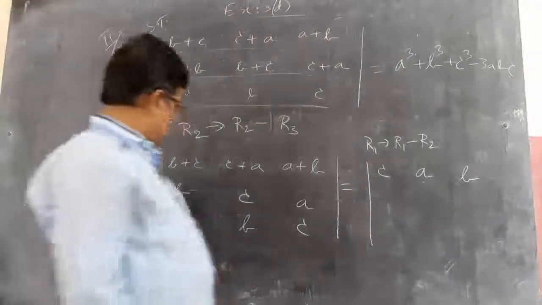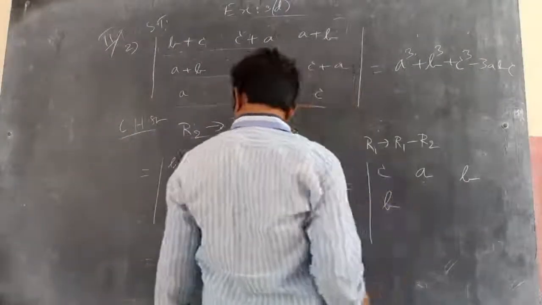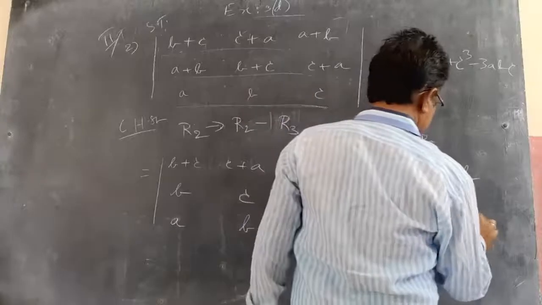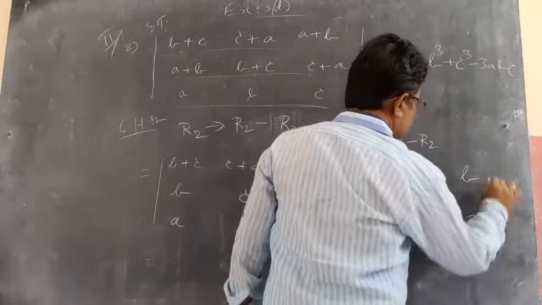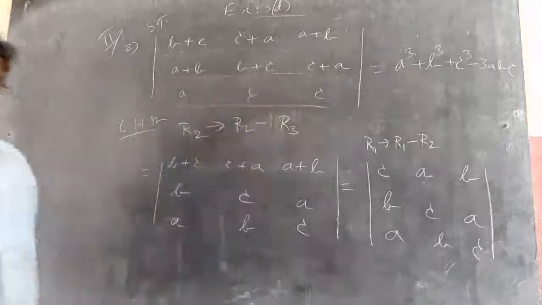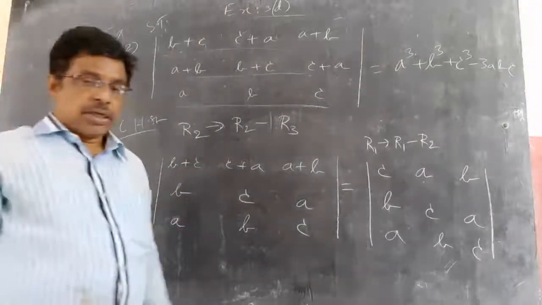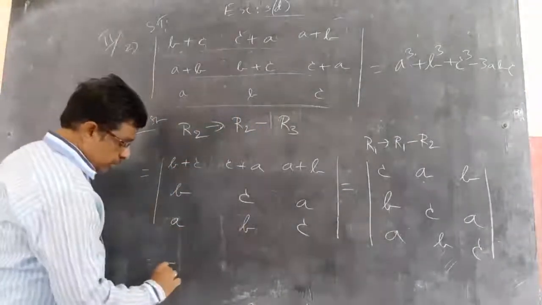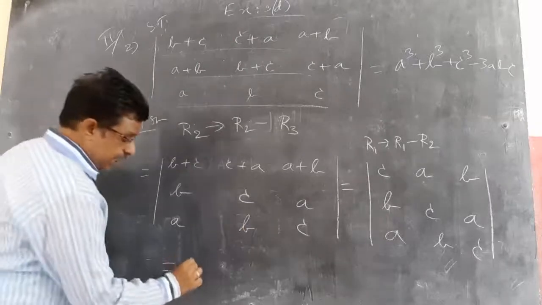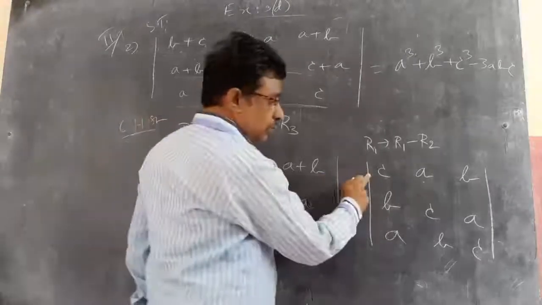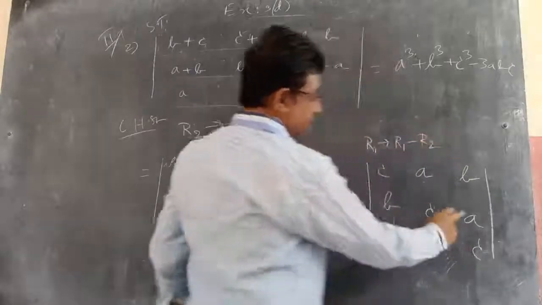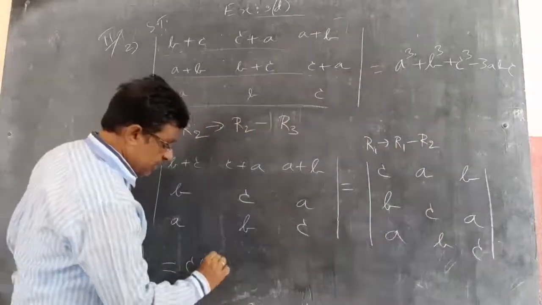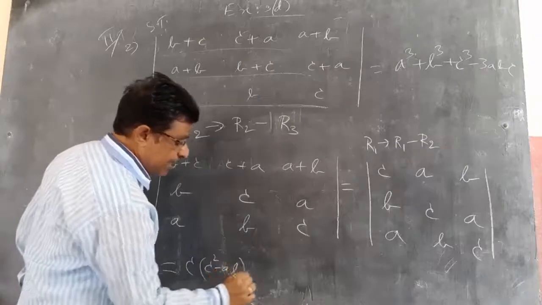Now the second row stays as it is: B, C, A, and the third row A, B, C. Now find the determinant. C into the minor of this row and column: C square minus AB.